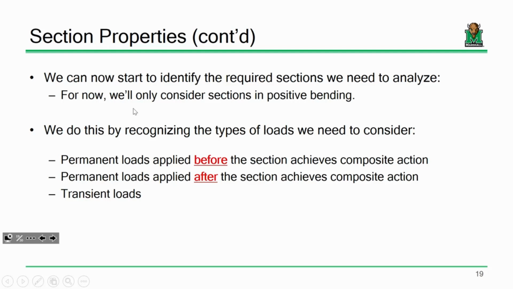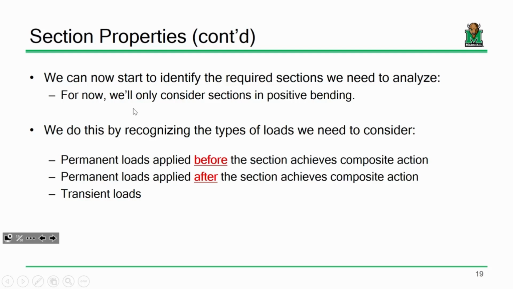When we consider our load sequence, and I'm just going to leave it at this for now and discuss it in more detail later, we have to consider 3 types of loads. We consider permanent loads and transient loads, but I'm splitting up the permanent loads a little bit. I'm saying permanent loads that are applied before the section achieves composite action, or before that deck cures, and then permanent loads after the deck cures.